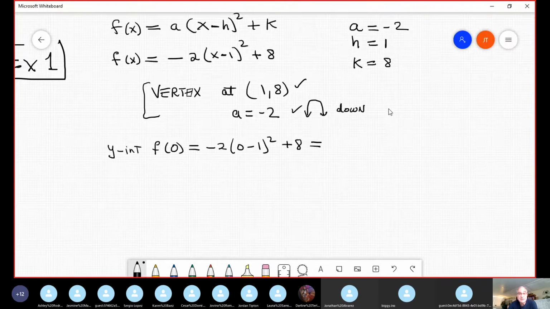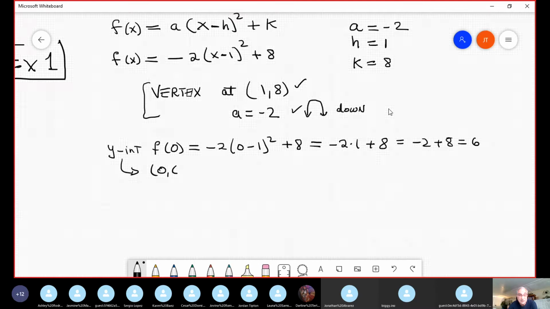Let me try it. 0 minus 1 is negative 1. Negative 1 squared, positive 1. It is minus 2 times 1 plus 8. Minus 2 plus 8 is 6. Therefore, the conclusion is the Y-intercept is located at the point 0, 6. Remember, the supposition was x equal to 0, and we get y equal to 6. Okay, this is the Y-intercept.